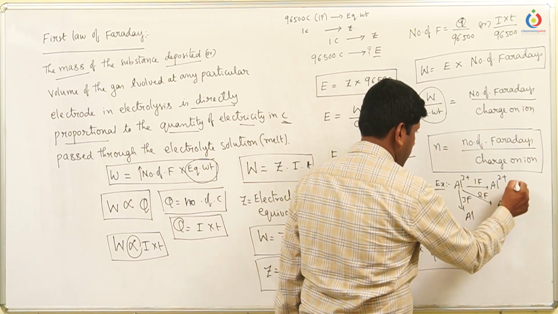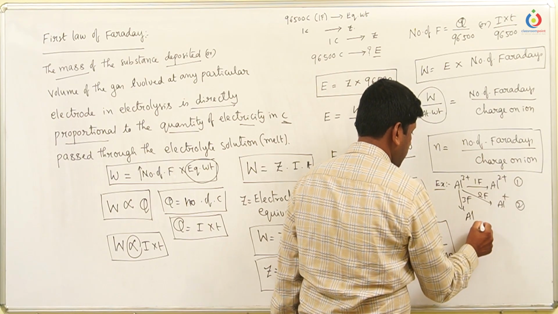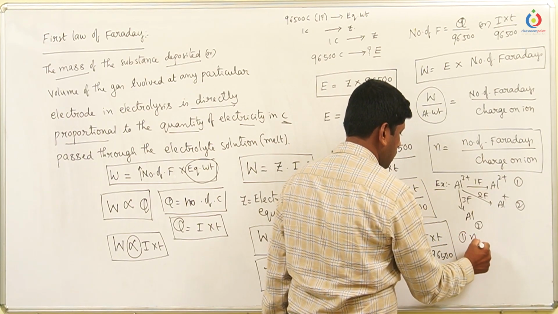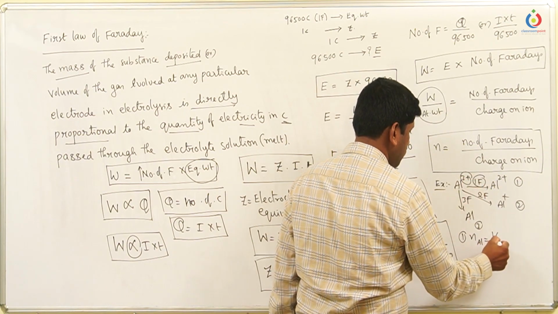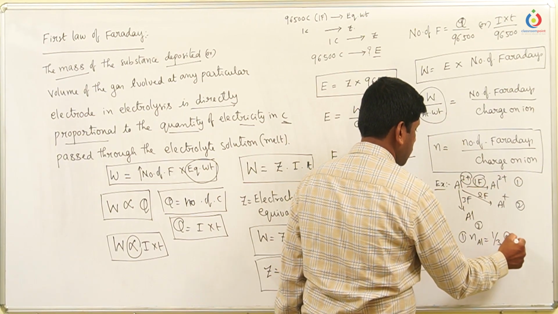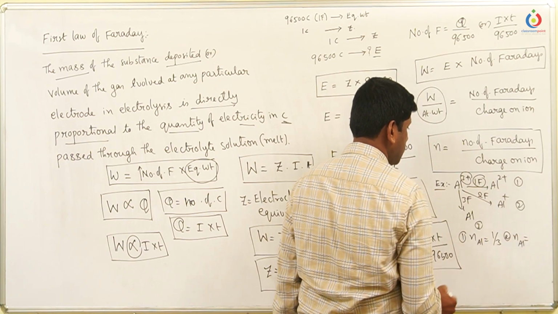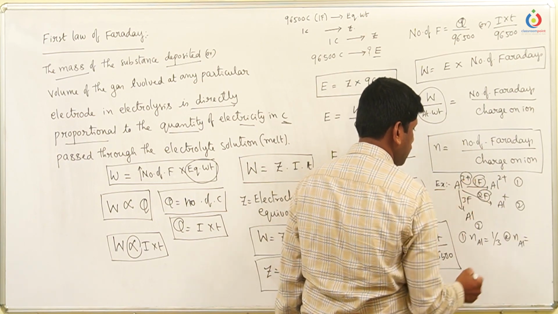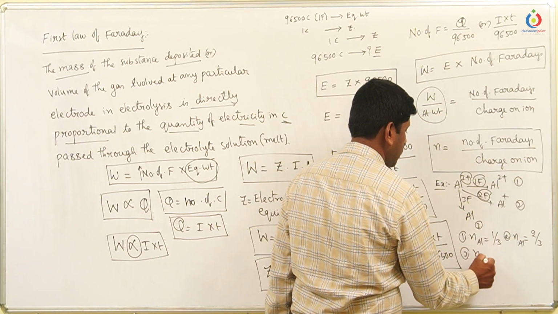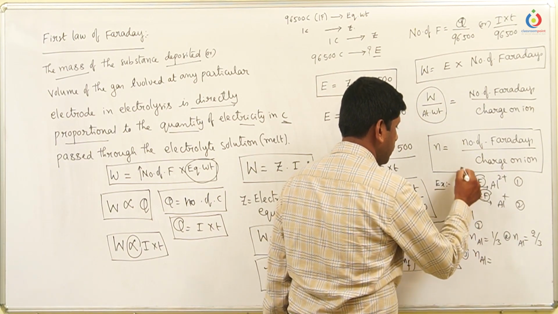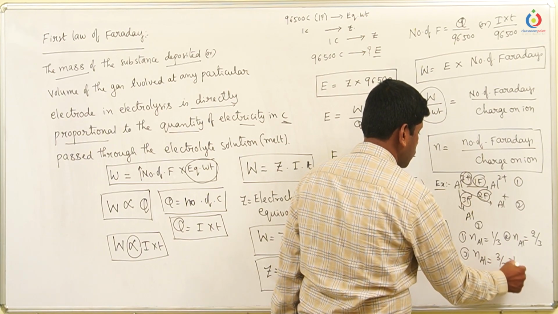That means number of Faradays is 1, 2, 3. In the first case, number of moles of aluminum deposited is number of Faradays by charge, that means 1/3. Second case, 2/3. Third case, 3/3, which is equal to 1 mole of aluminum deposited.